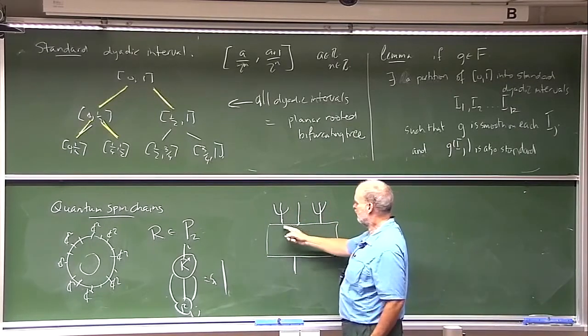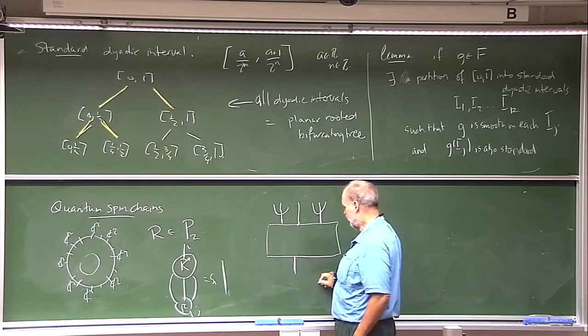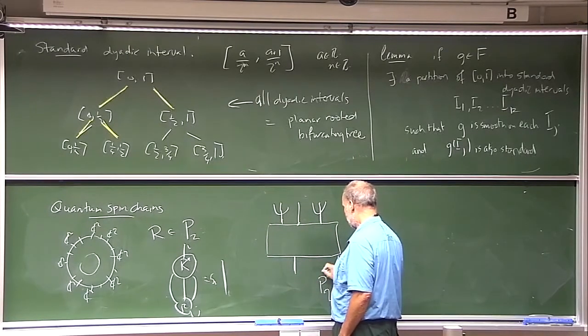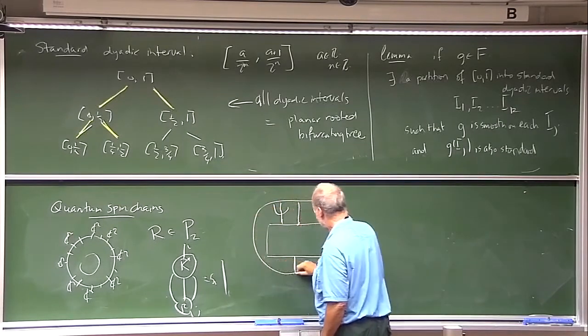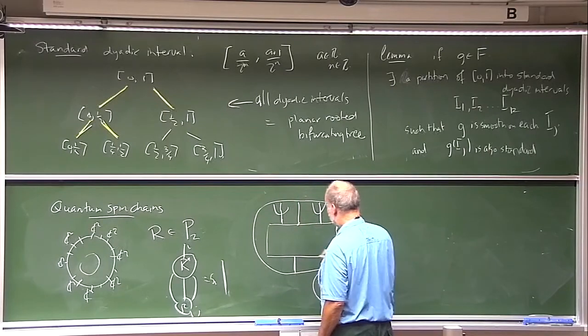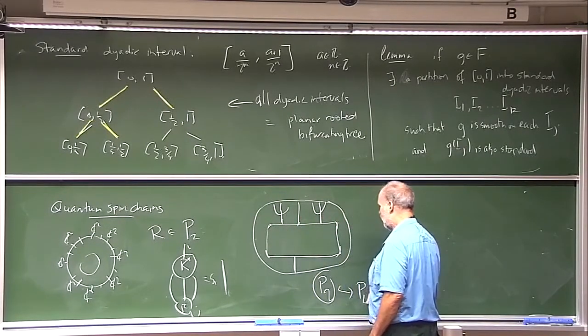So we've taken the vector space with 1, 2, 3, 4 spins, which is P2, and we're using this annular tangle to embed that into P4.